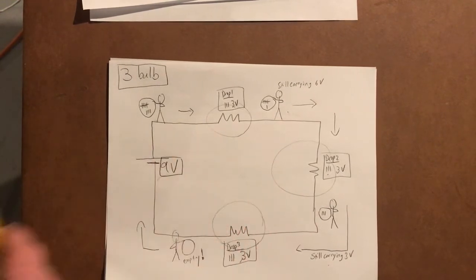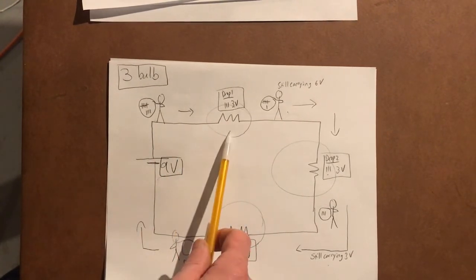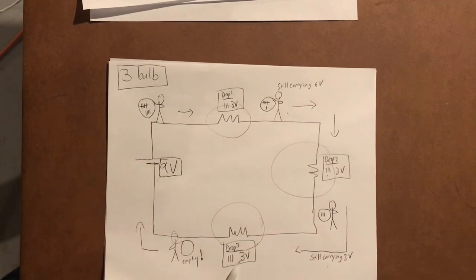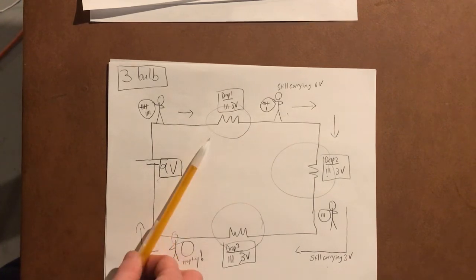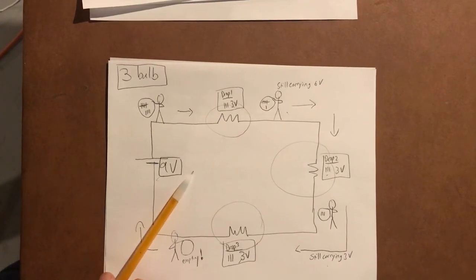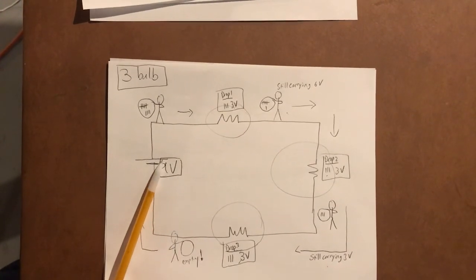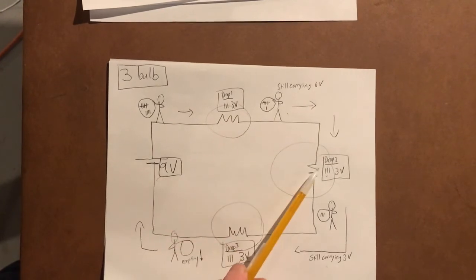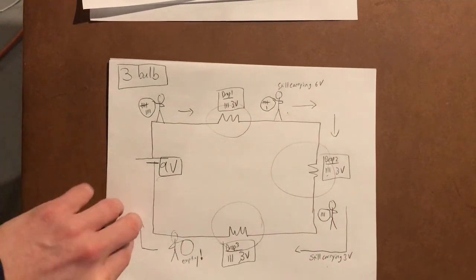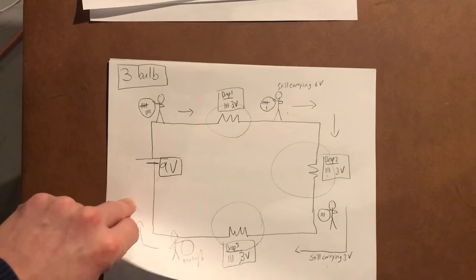It can't just give all the volts to this one and leave this one begging for more, because then this one wouldn't light at all. But 3 bulbs is the dimmest one we saw in the lab, because the more bulbs there are, the more you need to split up your voltage given to all those different bulbs. So if there were 1,000,000 bulbs, the split up would be a lot, and they would hardly light.